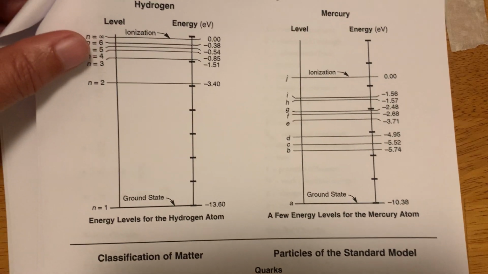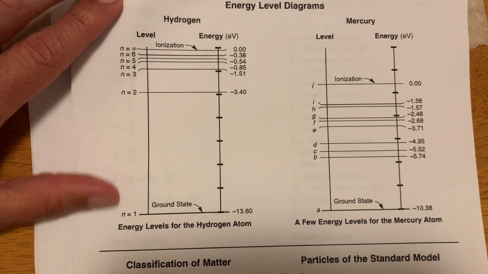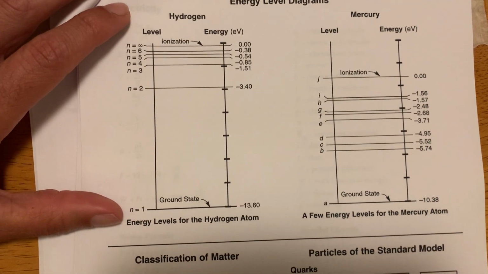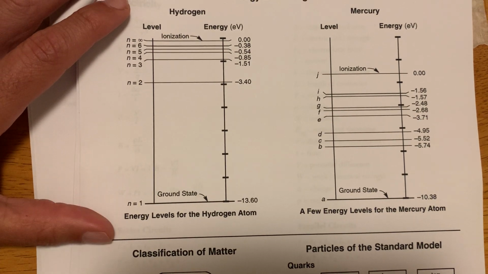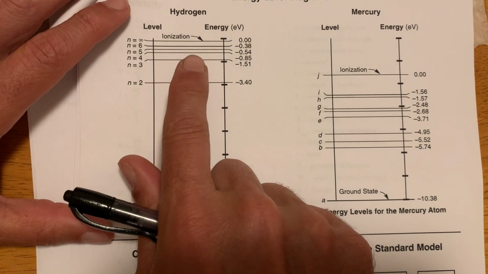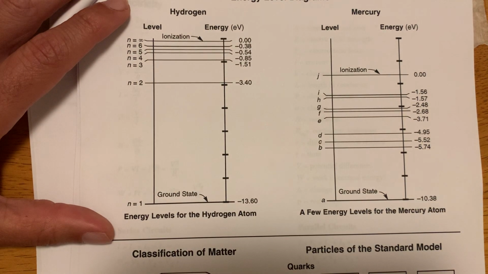So how does that relate to energy that's given to us by, say, the sun? Well, let's take a look at what I mean by this energy business is quantized. I'm going to be specific, and if you look at your reference table, you're going to look at something that's called an energy level diagram, which gives us two, hydrogen and mercury.